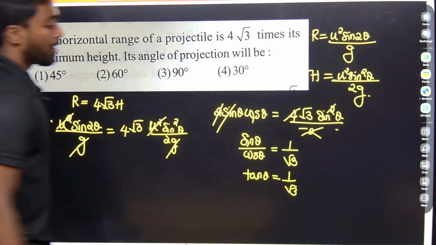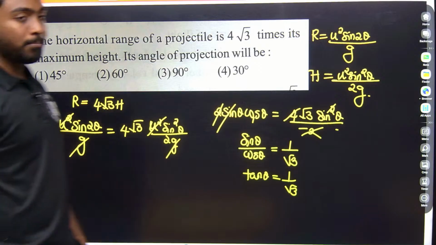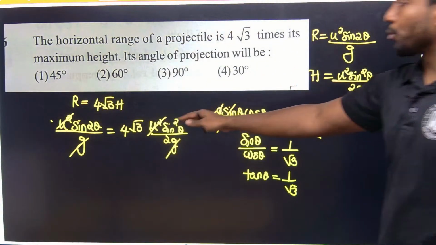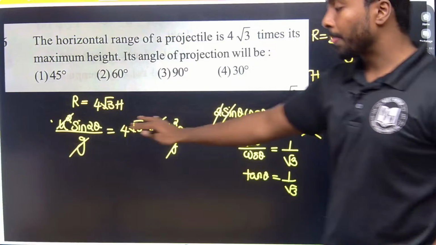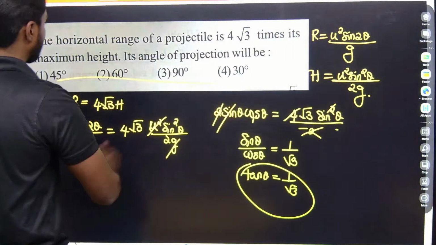So what is the angle whose tan is 1 by root 3? So it is 30 degree. That's it, no? So simple thing. I have taken that equation, I have substituted whatever they have said in the equation, and we got that angle. So angle should be in terms of numbers, no?